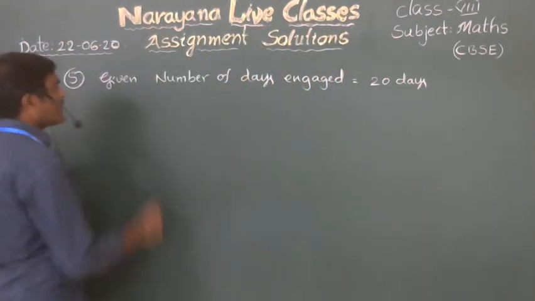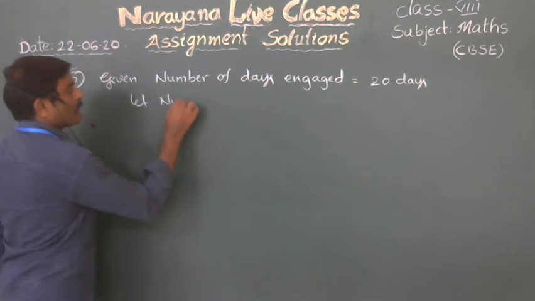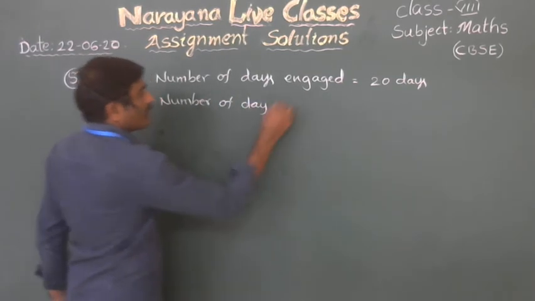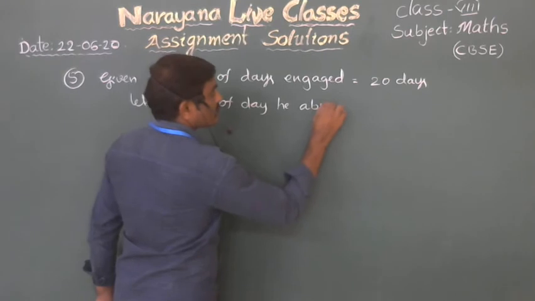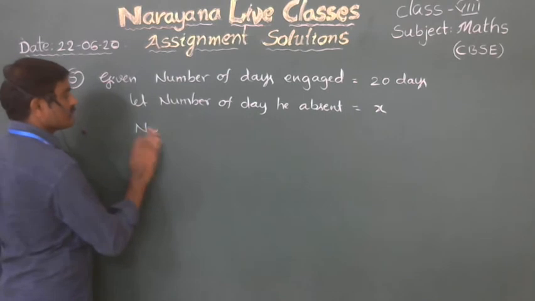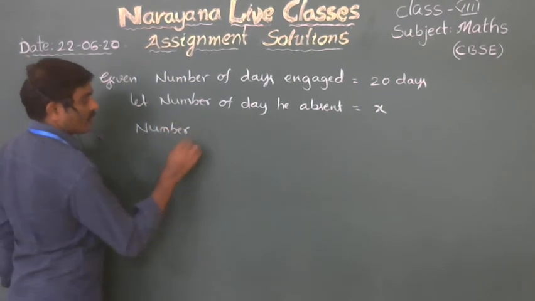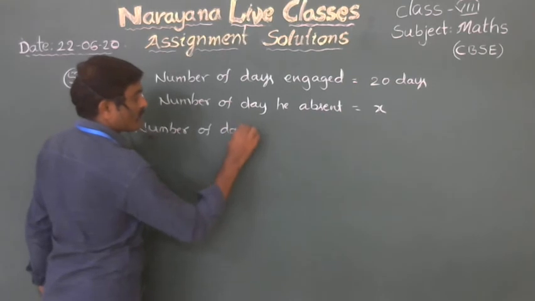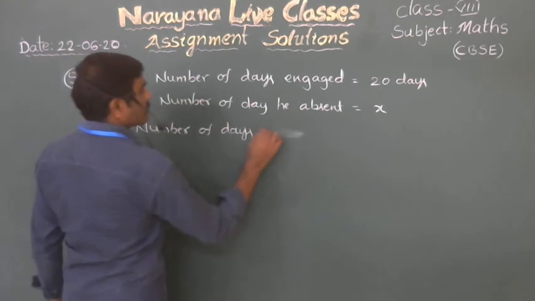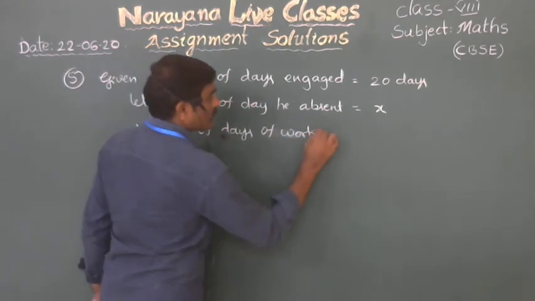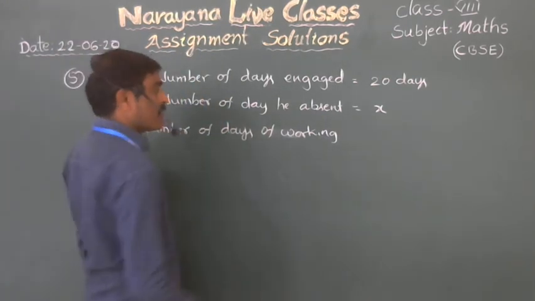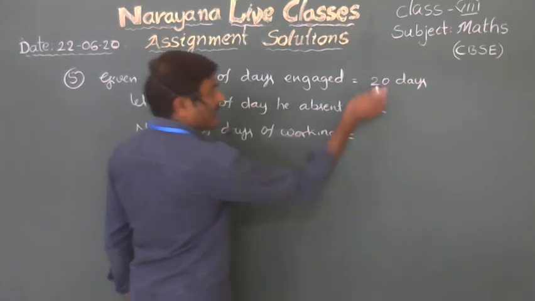So let the number of days he is absent be equal to x. The number of days of working is nothing but the number of days present, which equals the remaining days.